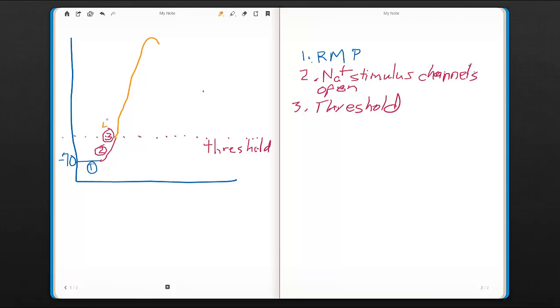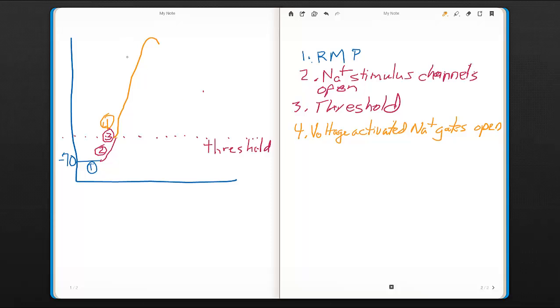So simultaneous with step 3 is step 4, and in step 4 I am seeing my voltage activated sodium gates open.